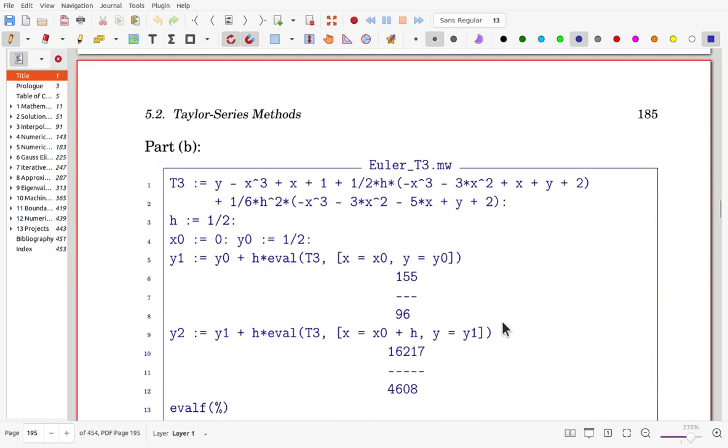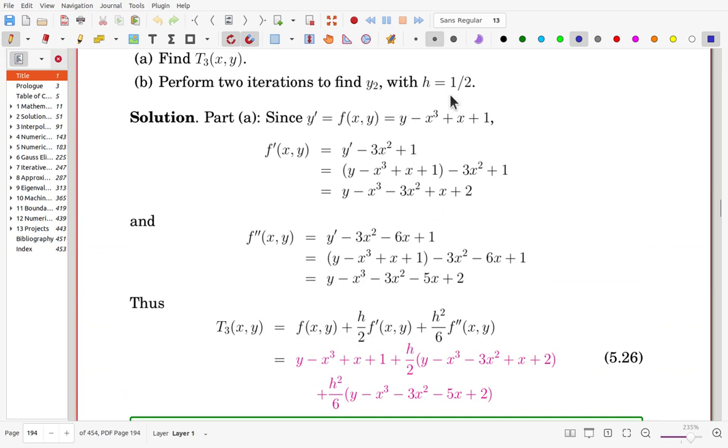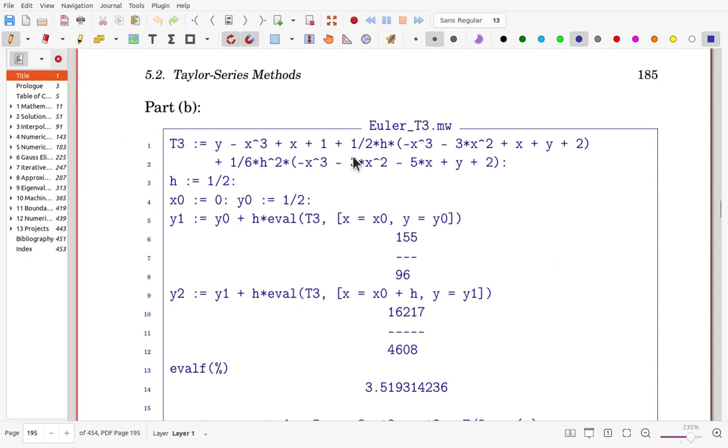For part B of the problem, we need two steps along with h equal to 1/2 to get y sub 2. T3 is defined, h is half, the beginning point is 0, and the initial value is half.